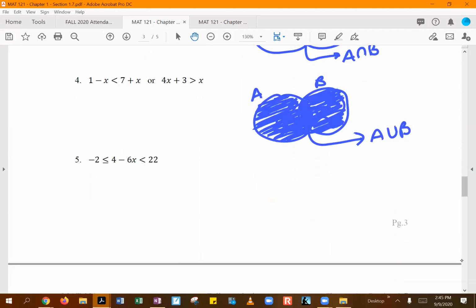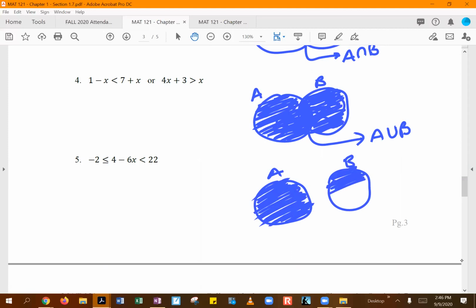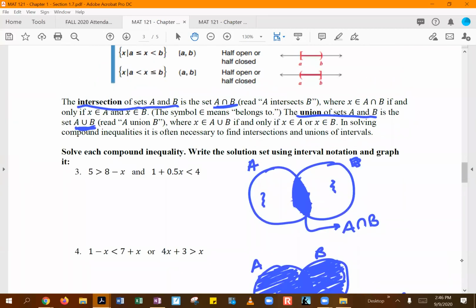With the union of sets, you can even have two sets that have absolutely nothing in common, completely separate sets. You would still take all the numbers from set A and all the numbers from set B and put them together to create your union. So union just means take everybody from both your individual sets and put them together.